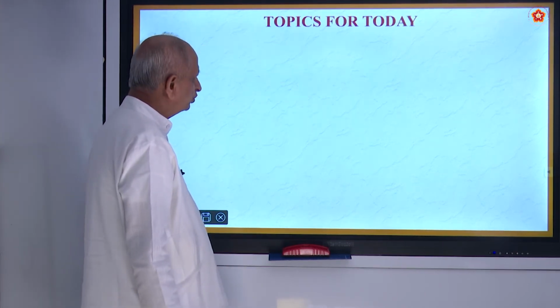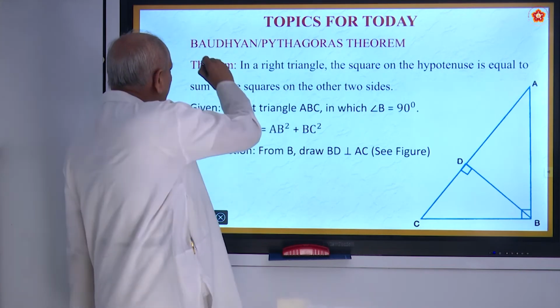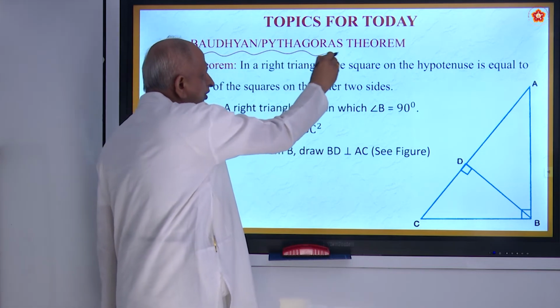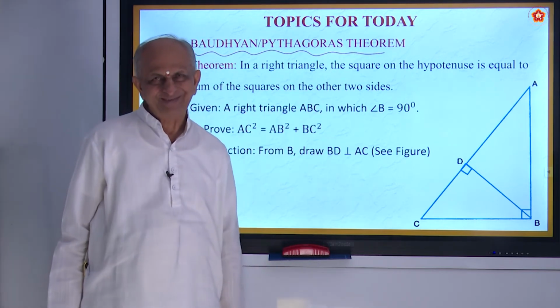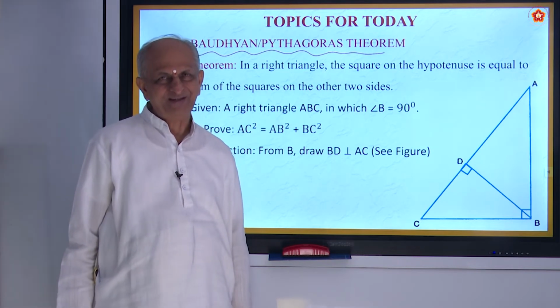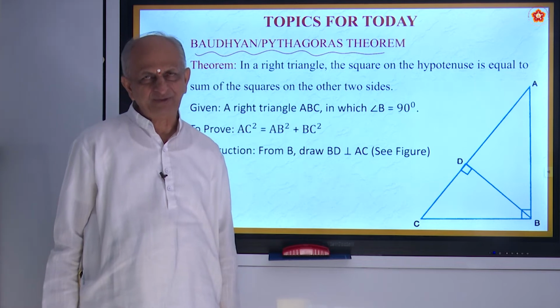Now we will pass on to today's topic. So today's topic is very, very important, called Pythagoras theorem. Who was Pythagoras? Pythagoras was a Greek mathematician who discovered a very famous theorem.